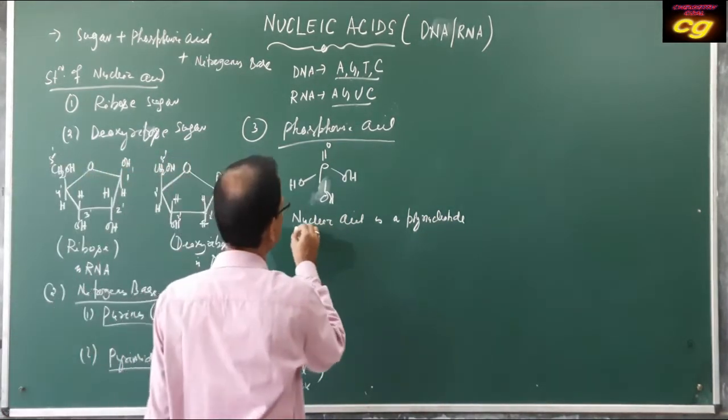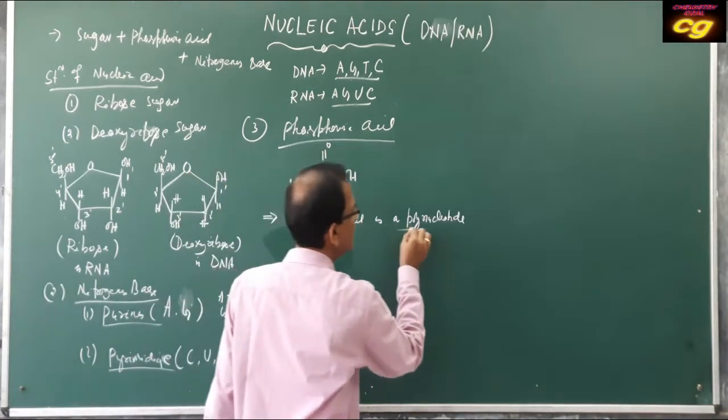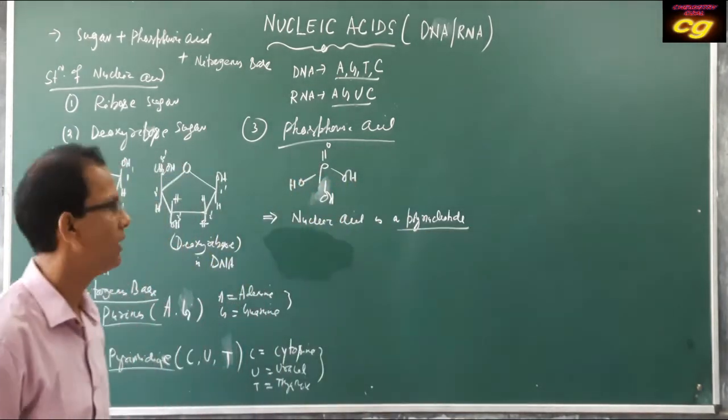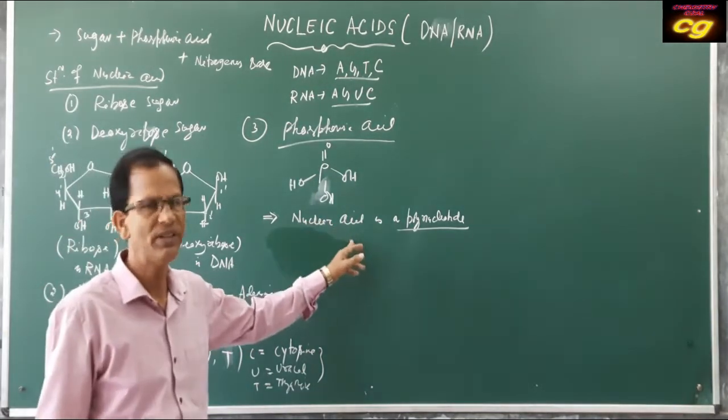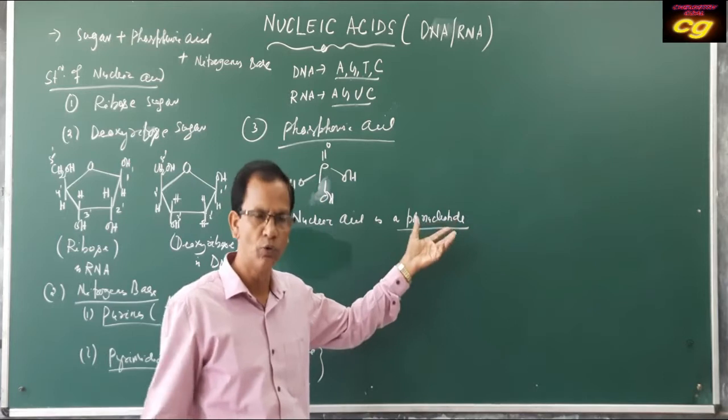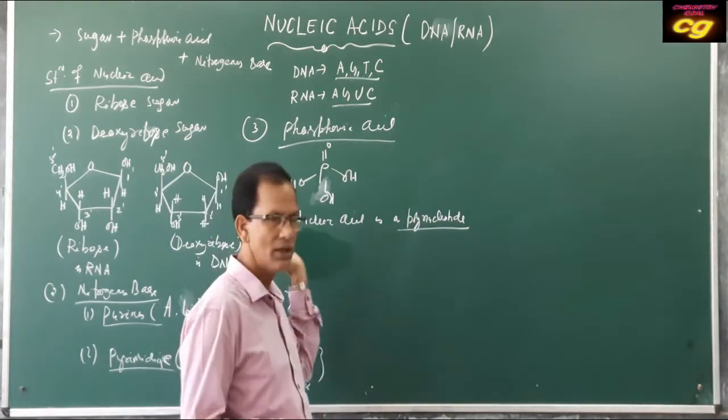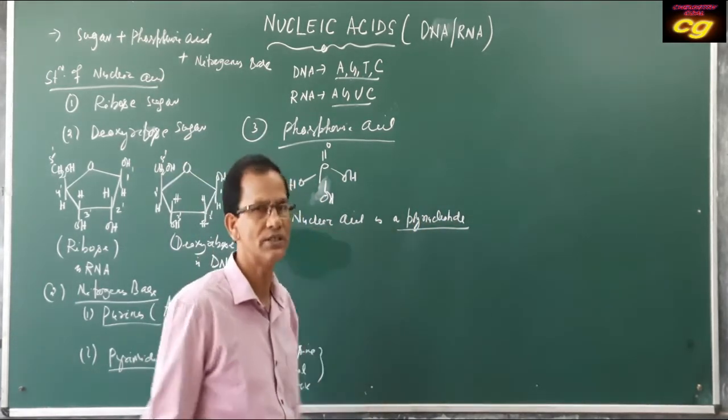Short definition: a polynucleotide is called nucleic acid, meaning a large number of nucleotide groups attached to each other forming nucleic acid.